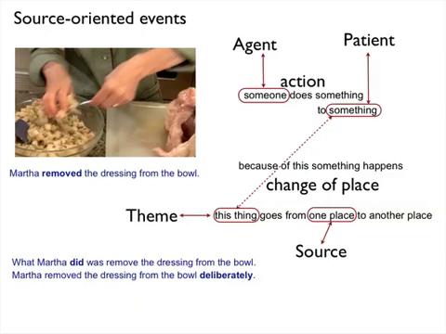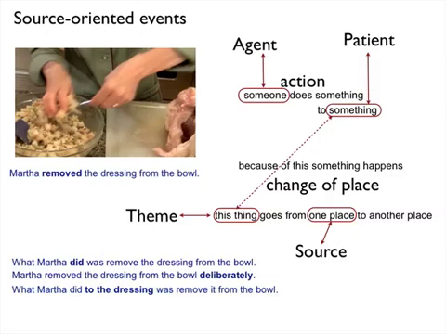And deliberately would typically go with an agent, right? And you could say, what Martha did to the dressing was remove it from the bowl. Well, the thing you're going to put in that slot would typically be the patient, right? And this is a little bit fuzzy.